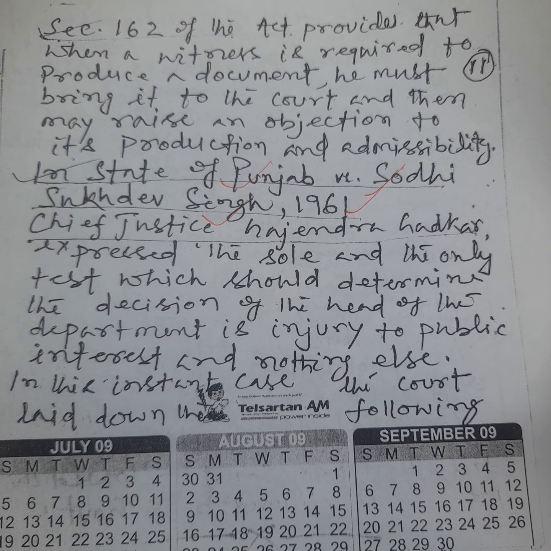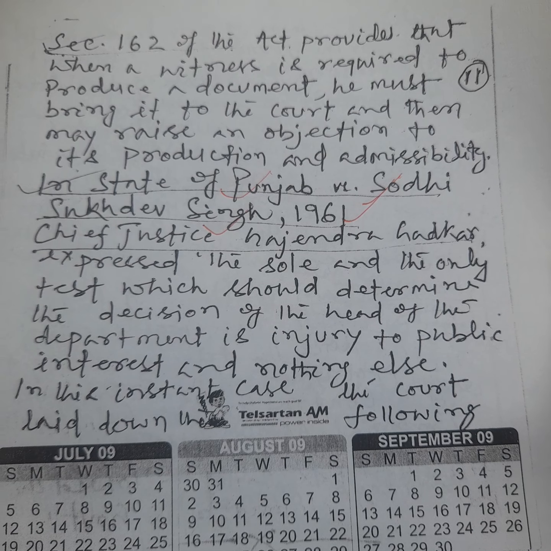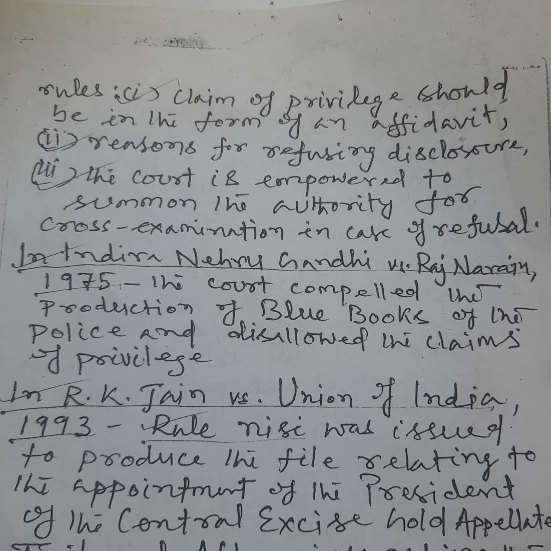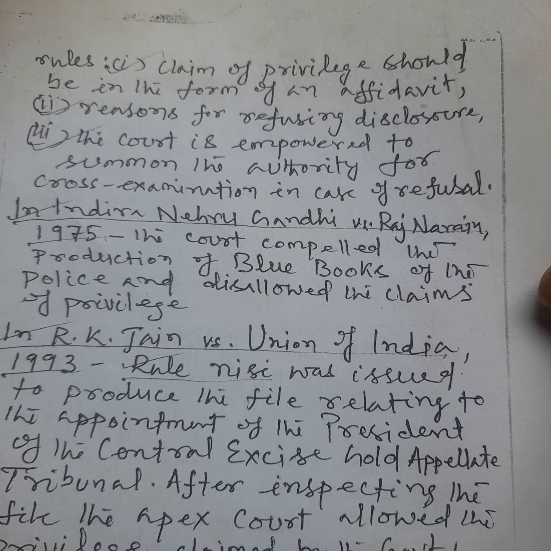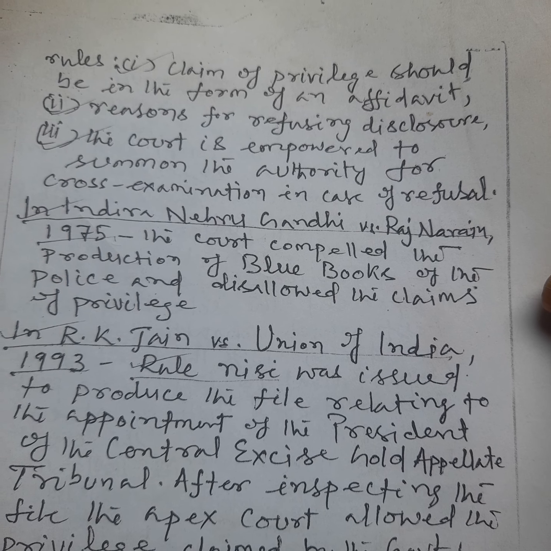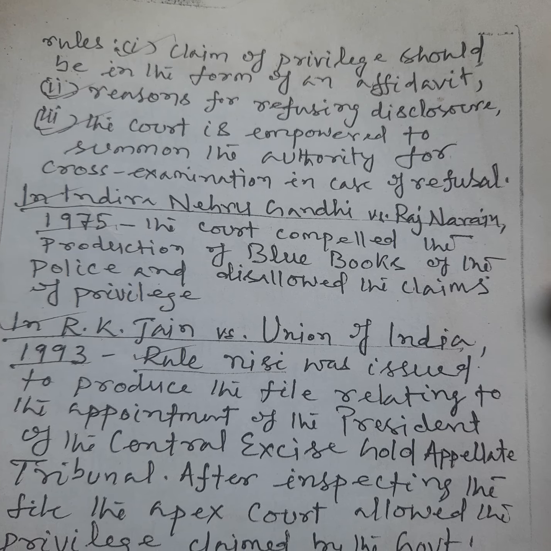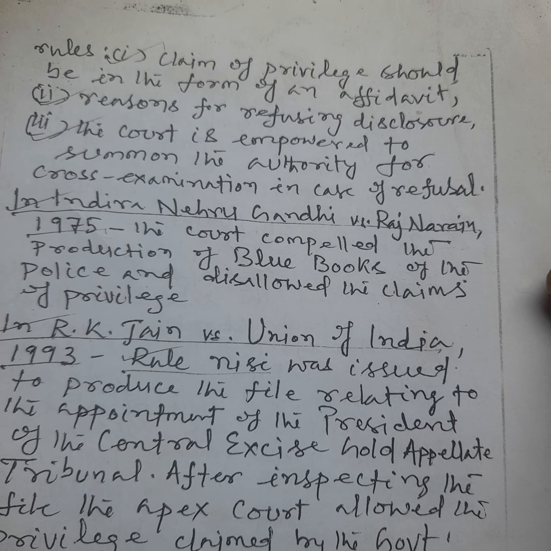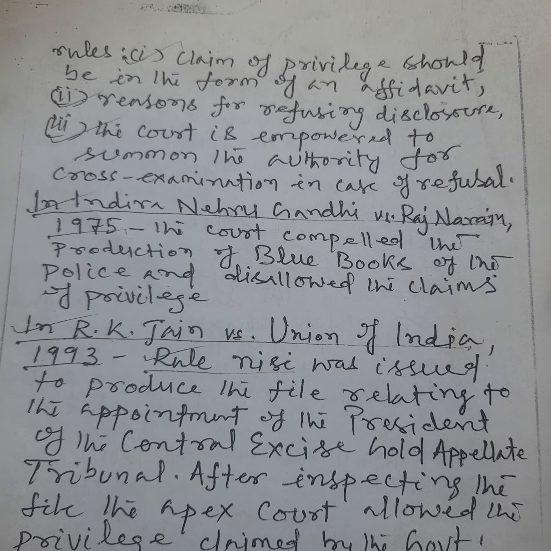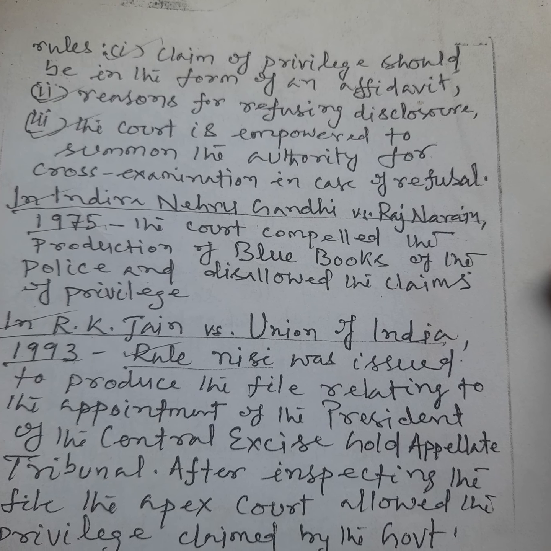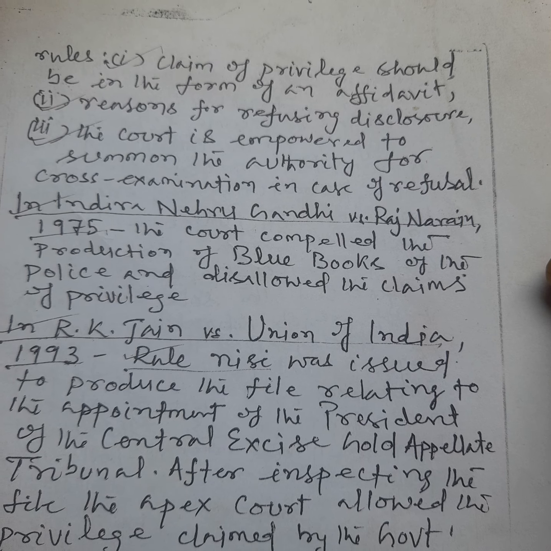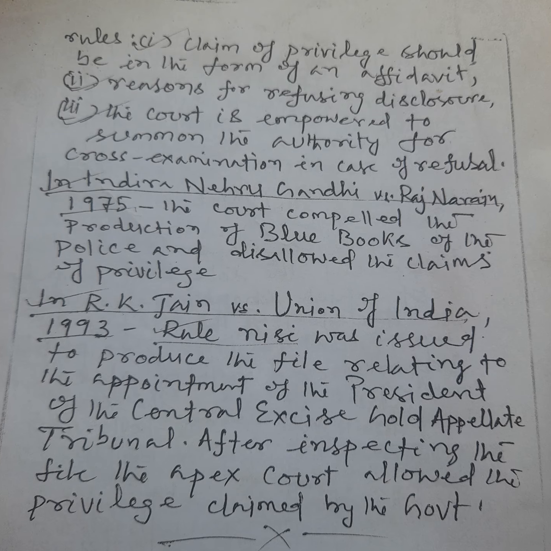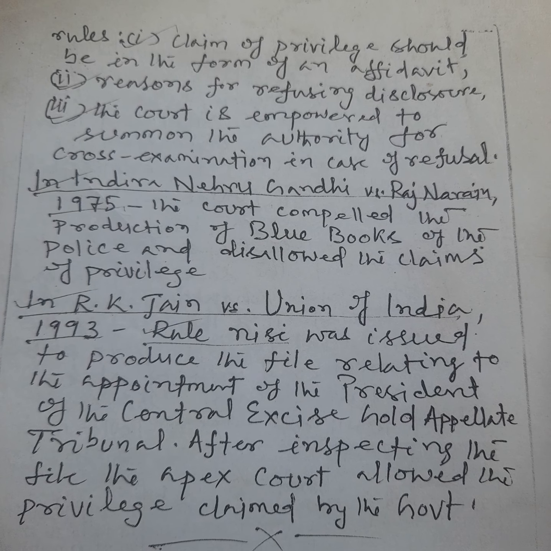In this case, the Supreme Court laid down the following rules: the claim of privilege should be in the form of an affidavit, and secondly, reasons for refusing disclosure must be cited. Thirdly, the court is empowered to summon the authority for cross examination in case of refusal.